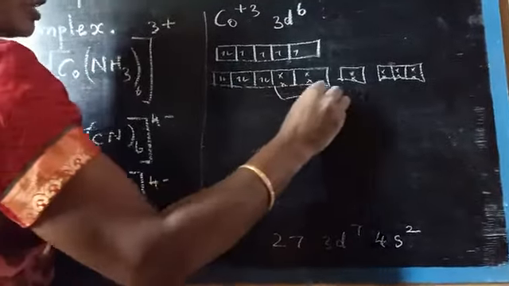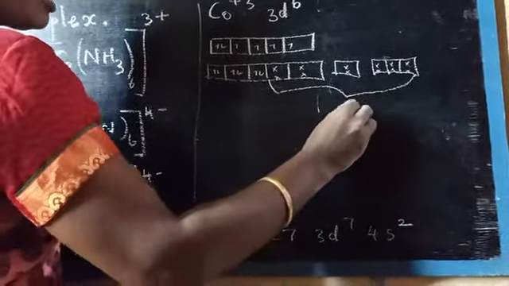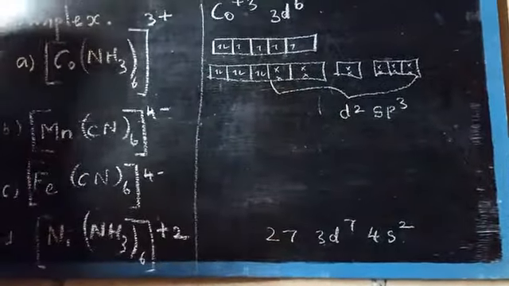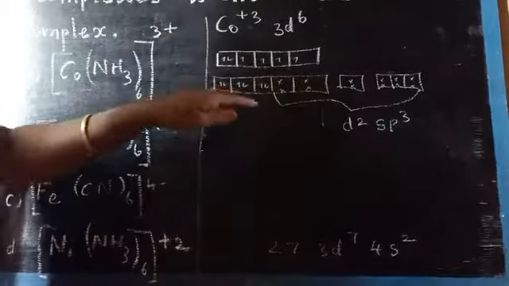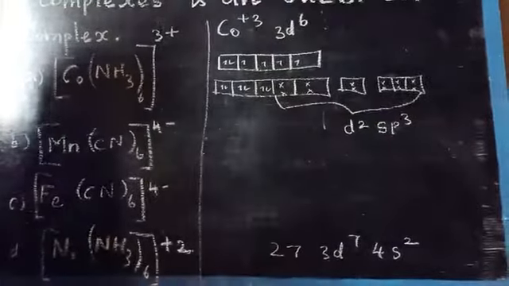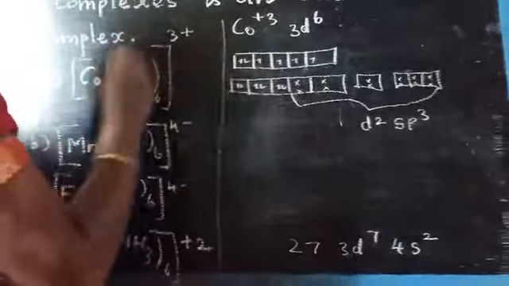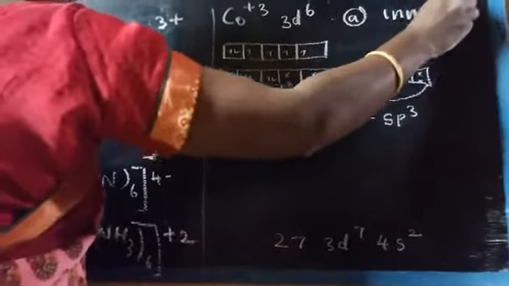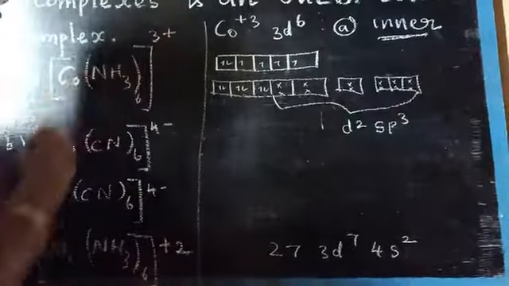So now what about the hybridization? d2sp3 hybridization. Okay, so now electrons enter in the d orbital. So the Co option A is the inner orbital because electrons enter in the d orbital.